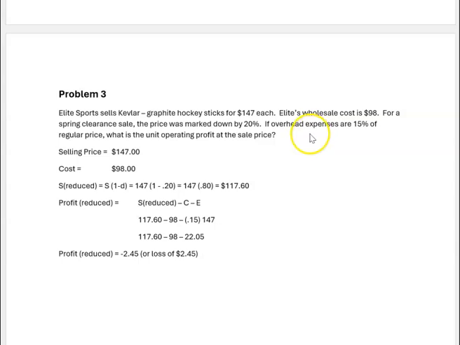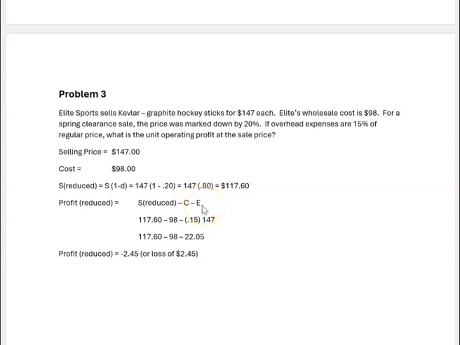So if overhead expenses are 15% of regular price, so not 15% of the cost, 15% of the regular price, which is your $147, what is the unit operating profit at the sale price? Okay, so our profit based on the reduced selling price equals the reduced selling price minus any costs minus any expenses. Okay, right?